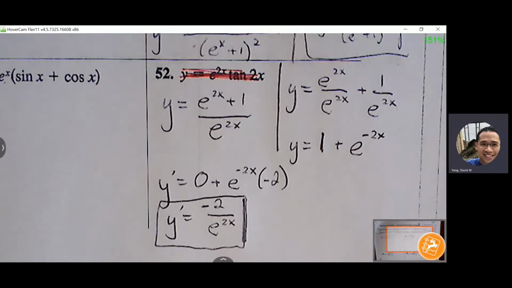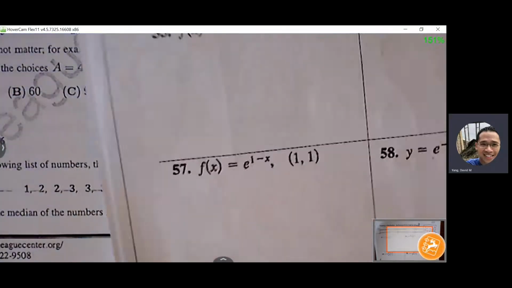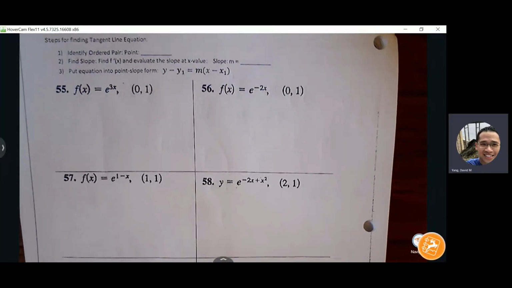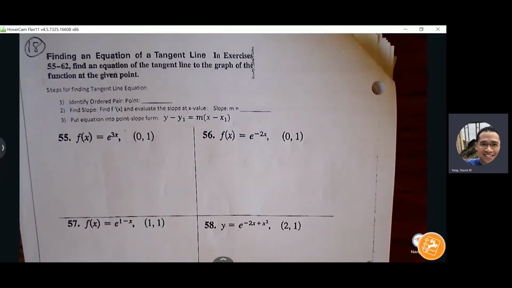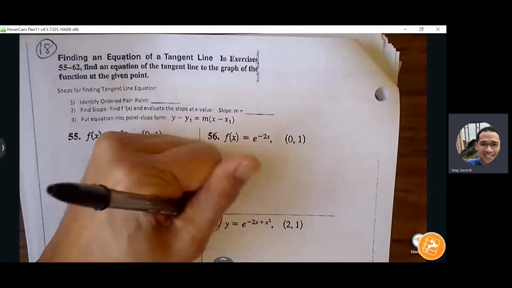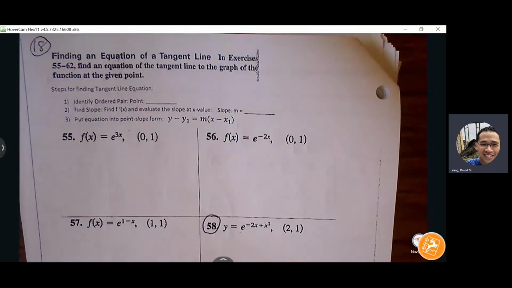Okay, I want to do one more problem involving this section before we move on to 5.5. You can go to page 18, and let's look at number 58. So next page, 58. Every time that we learn a new derivative rule, we always go back to the tangent line equation.